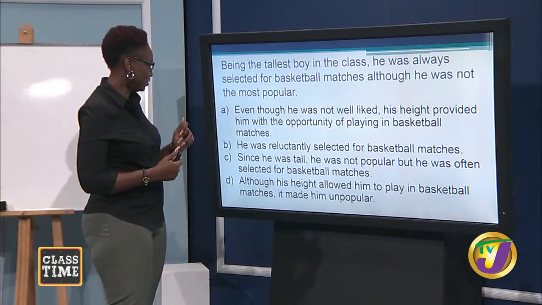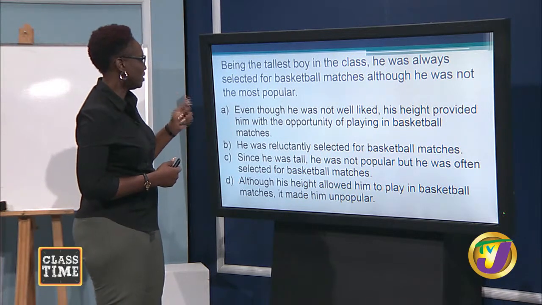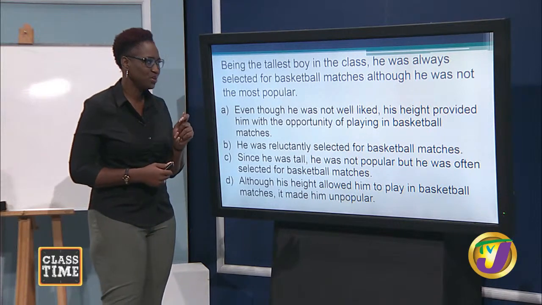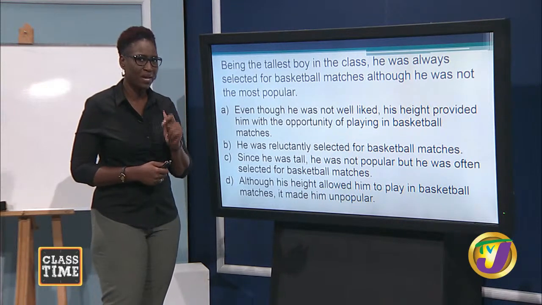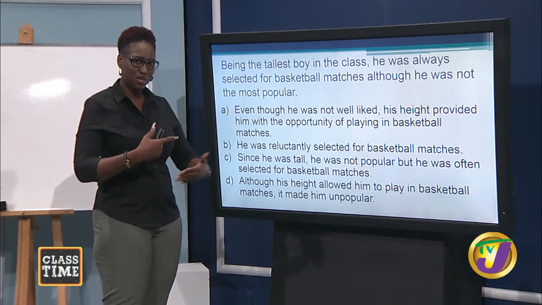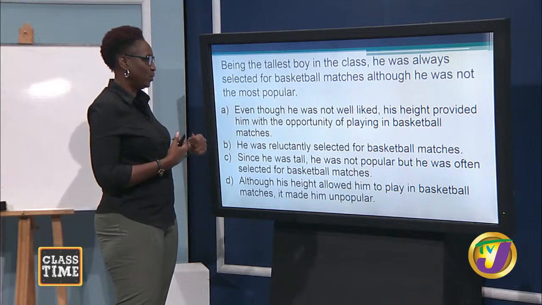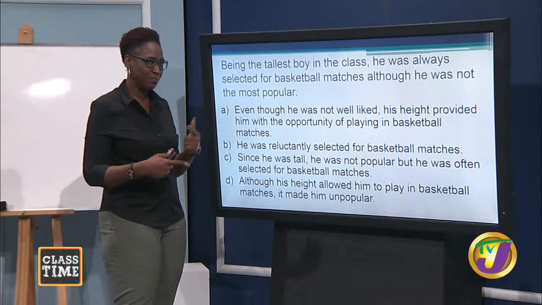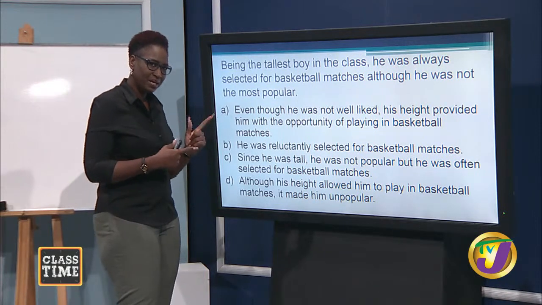Let's look at A and C now. So even though he was not well liked, his height provided him with the opportunity of playing in basketball matches. All right, so we have the idea of him being unpopular, and we also have the idea of him being tall enough to be allowed to play basketball. But is that the answer?